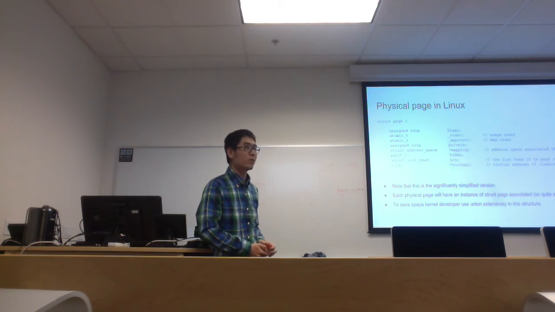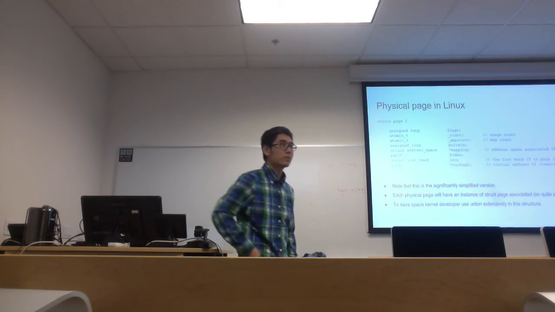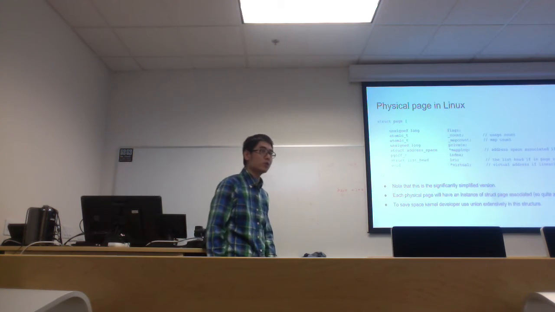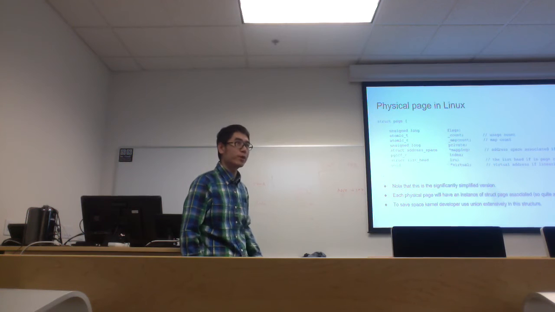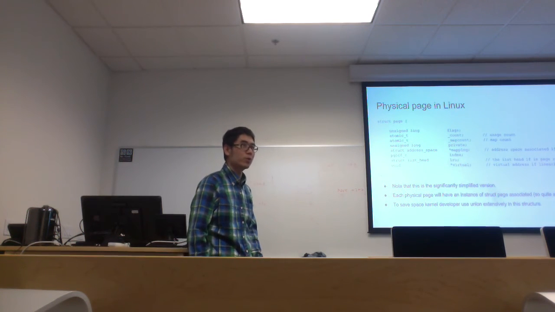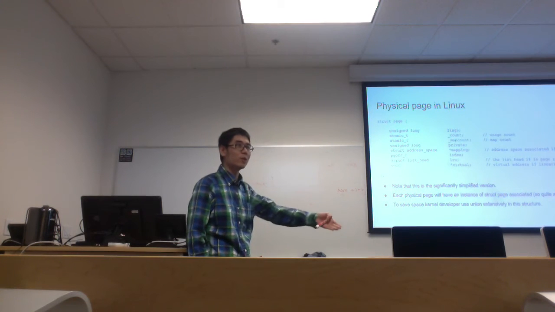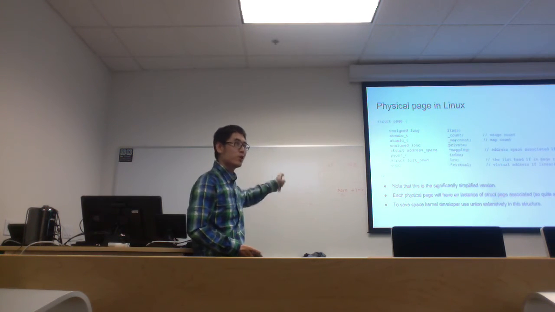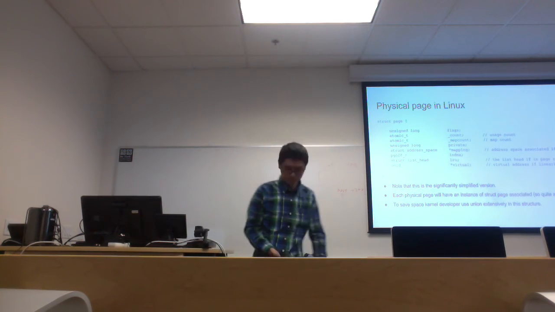What are the other reasons? Processes can communicate with each other using shared memory. Why use shared memory instead of copying to the kernel and then from the kernel to the other user space? Because shared memory is efficient.